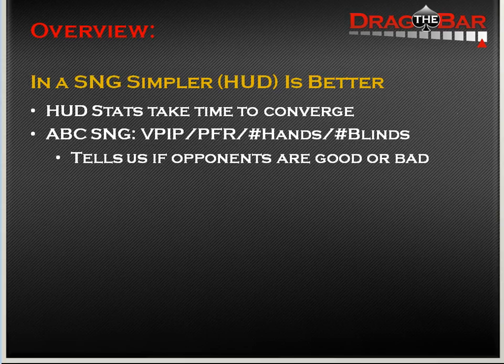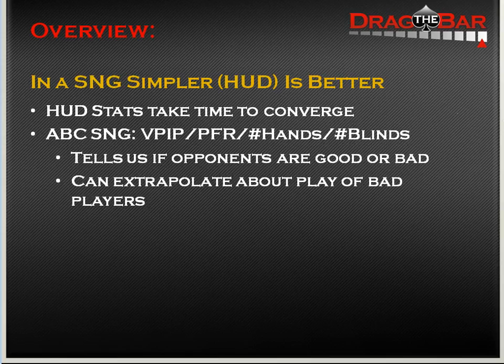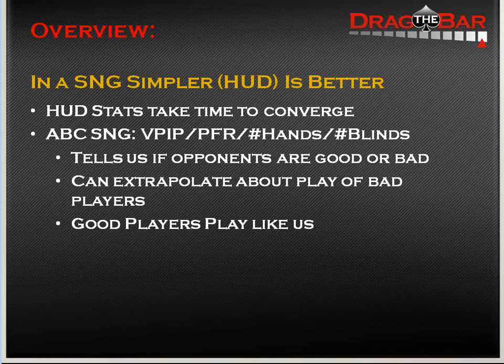Now, if we can figure out from these stats whether our opponents are good or bad, then in the ABC SNG series we talk about how we can extrapolate their play. Typically good players are playing a lot like us, and with bad players we profile them as having certain types of reactions that we've modeled against, creating situations that tell us the most optimum way to exploit bad players.